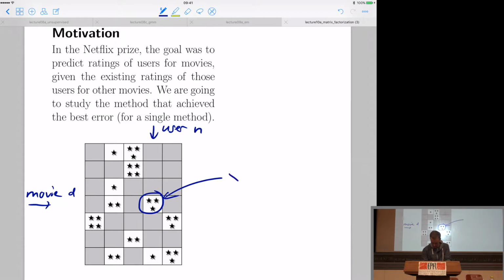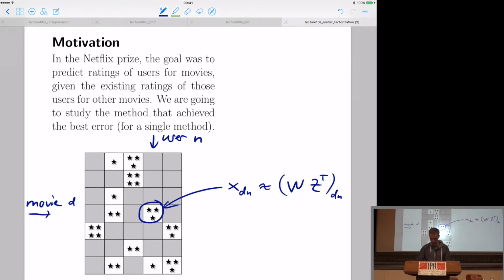To formalize this, we're going to call this the X matrix again, and we are trying to approximate this entry by a product of two matrices. So that's what we're going to do.